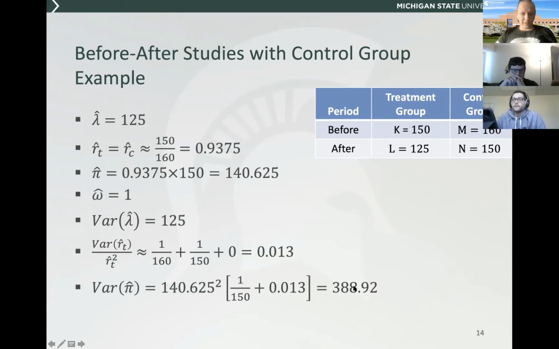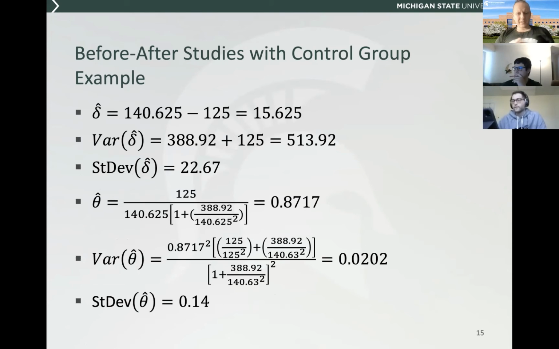And so in total, then that gives us an estimate of 389 roughly for that variance. And so on the next slide, just working through the calculation. So our reduction in crashes in this case is 15.625. So that's obviously less pronounced than we saw in the before period. The variance of that quantity is 514. And so taking the square root gives us 22.67.